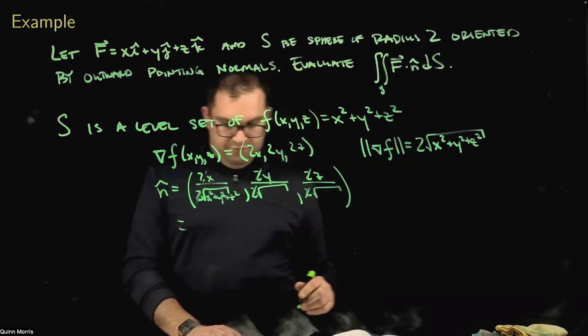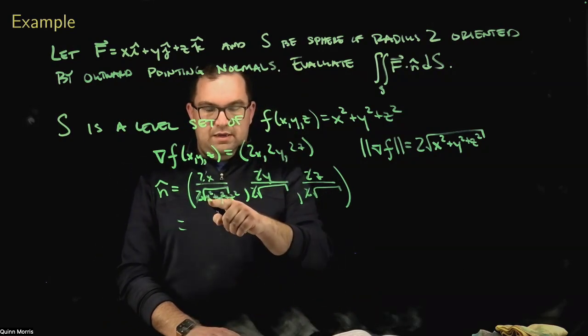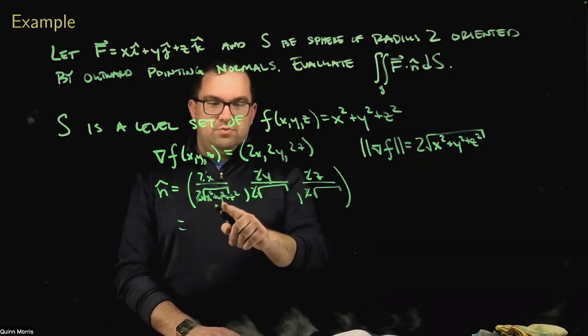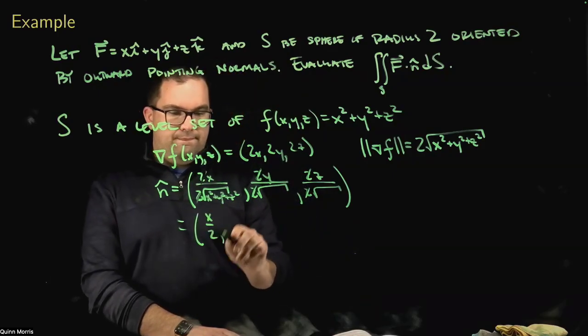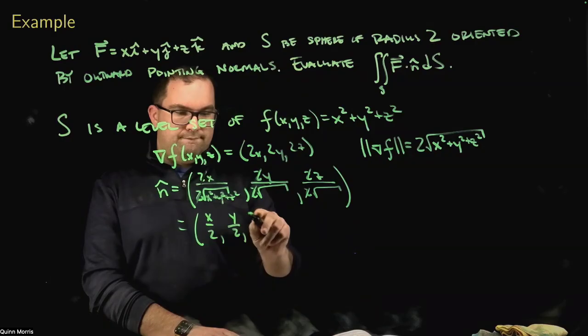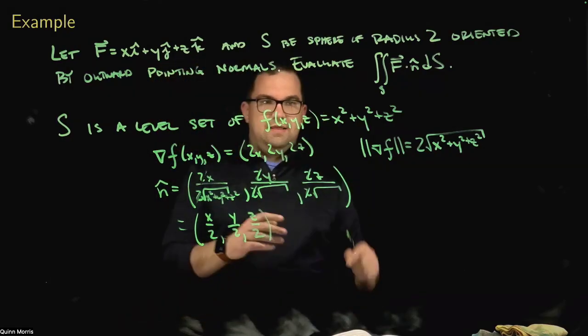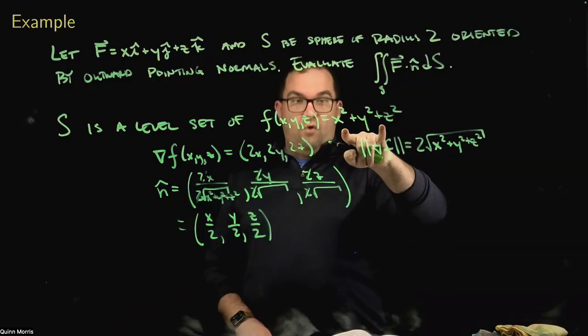And on the set that I'm interested in, the square root of x squared plus y squared plus z squared is just 2, because I'm really interested in the level set where f of x, y, z is equal to 4.